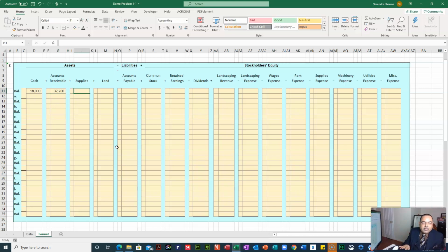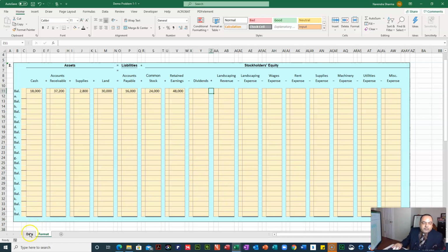Supplies is 2,800, land is of course 30,000, and then accounts payable is 16,000, common stock is 24,000, and retained earnings is 48,000. We don't have anything beyond that, so we're going to leave them blank.